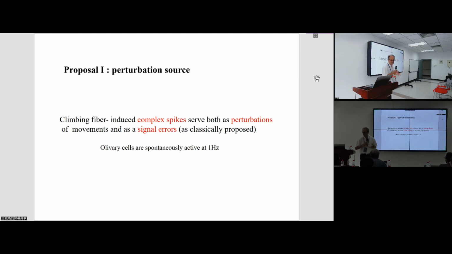If you record from the olive, these olive cells are active at 1 Hz, rather stochastically. So the first proposal is that this olive cell may induce perturbation all the time. That's the first thing. So what would be the consequence of that?